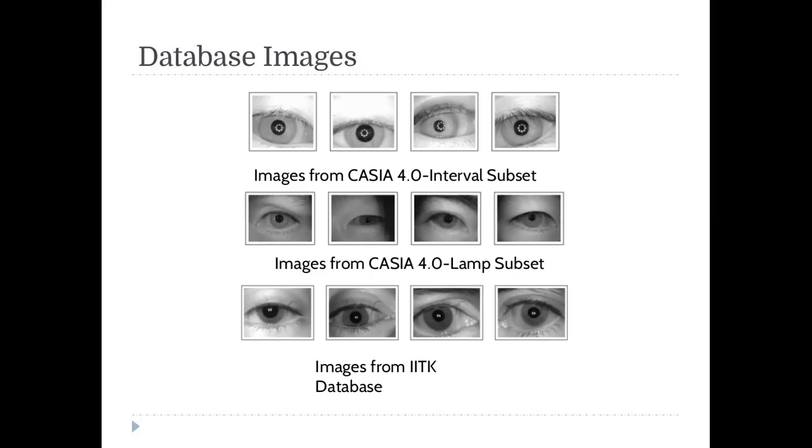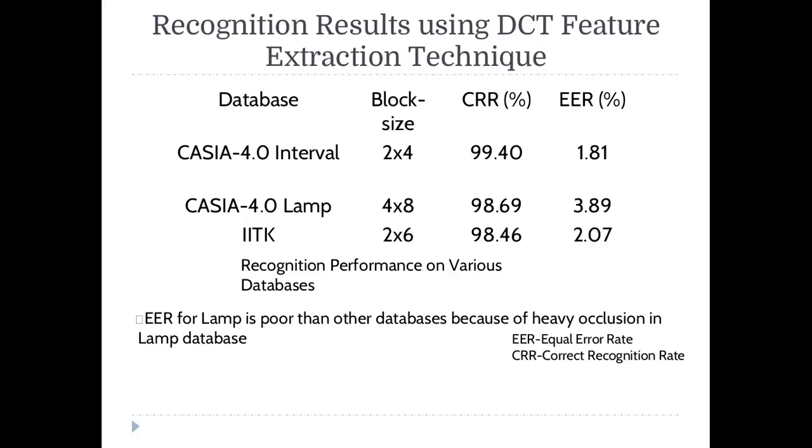So that is the minimum Hamming distance that we will be using. Later, when you find both of these scores, you fuse them depending upon the accuracies of the individual systems. Here you can see the images of the 3 databases over which we have worked: the KCI interval, KCI lamp and IITK database.